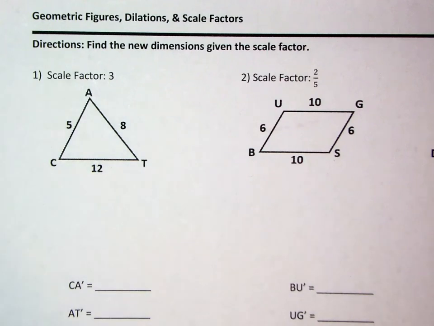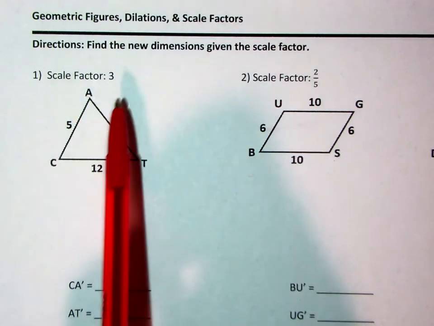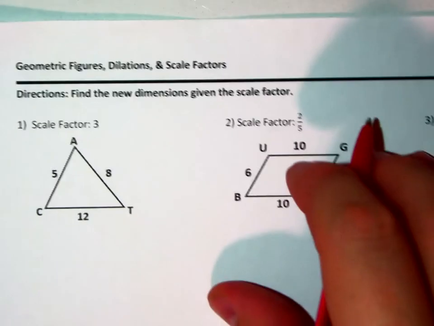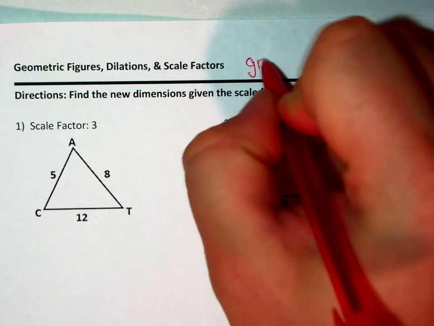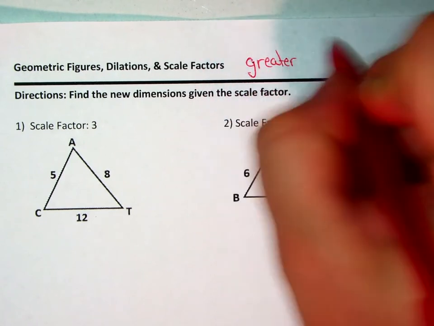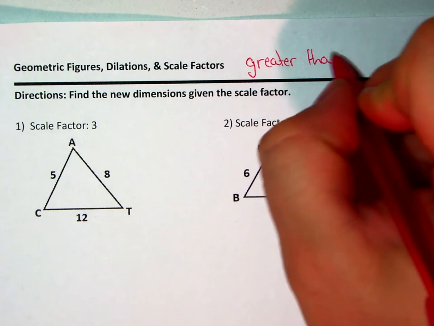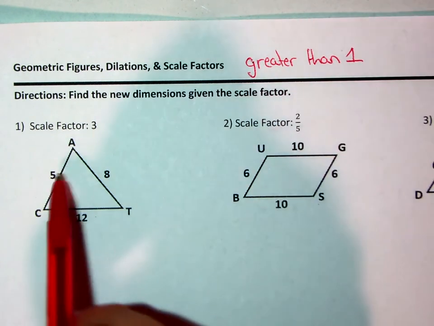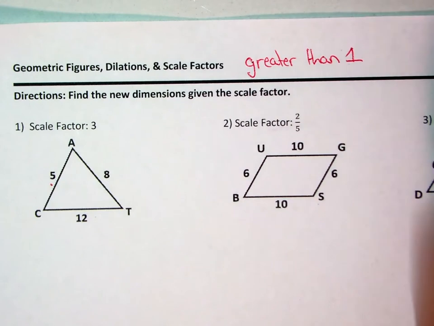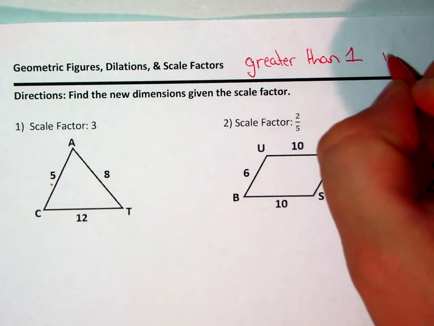Today in class we looked at geometric figures, dilations, and scale factors. And we learned that when the scale factor is greater than 1, it causes my pre-image to increase in size.